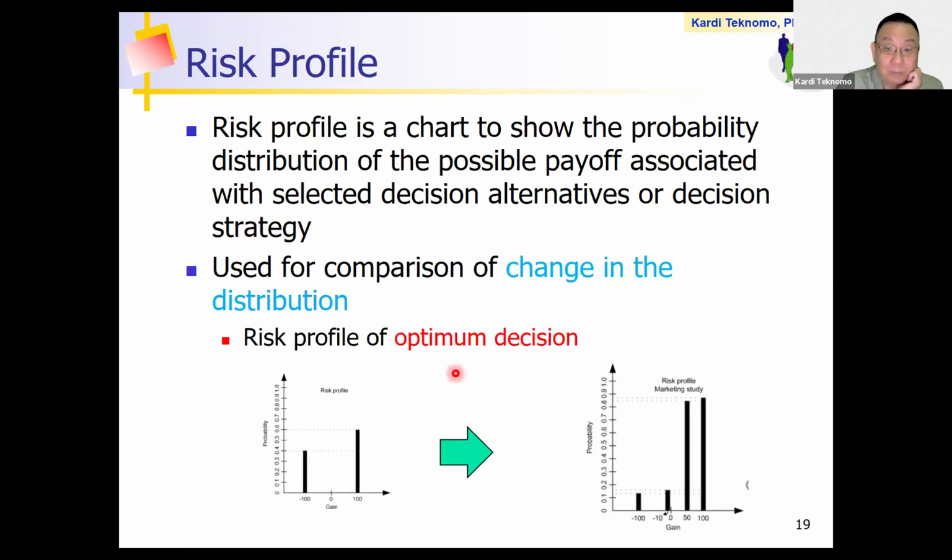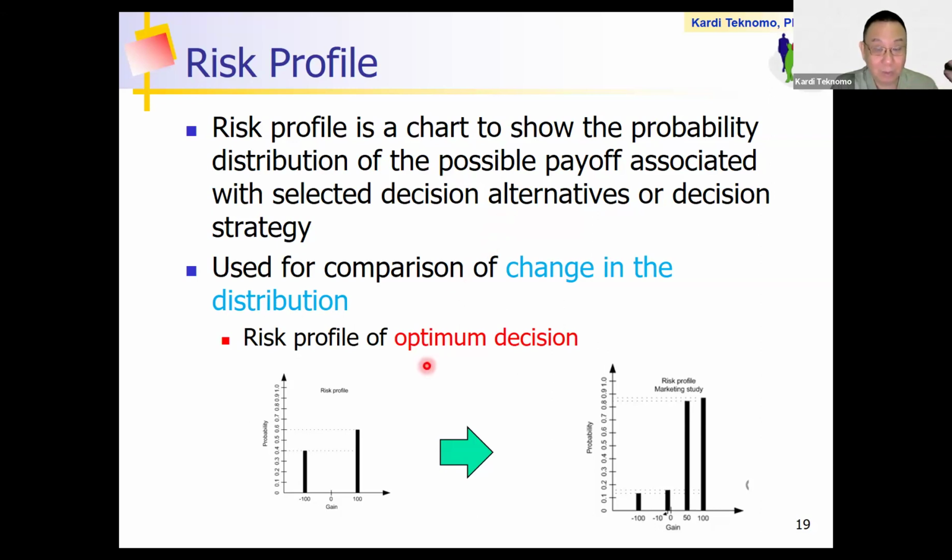So risk profile is basically the chart that shows the probability distribution of the possible payoff associated with the selected decision alternative or decision strategy.